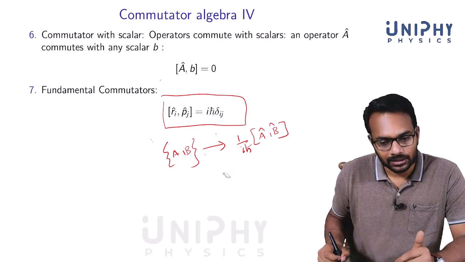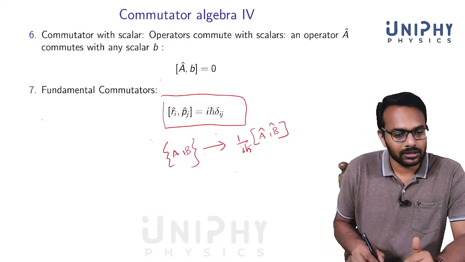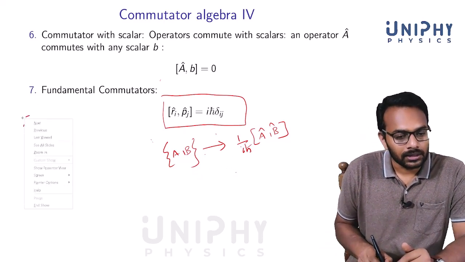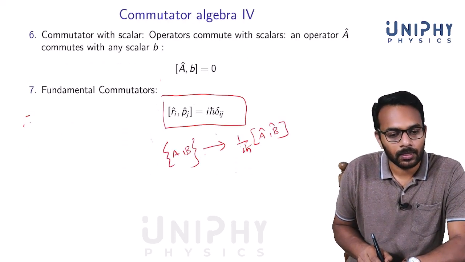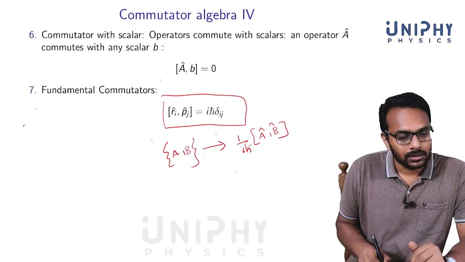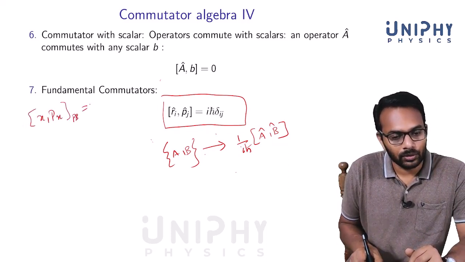So here, for example, let me just write it here for better visibility. For x with px, the Poisson bracket, we know that it's equal to 1.